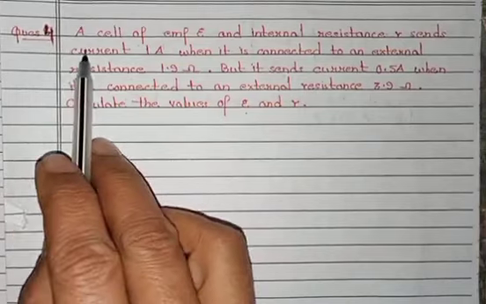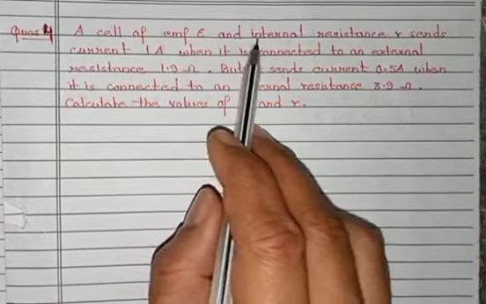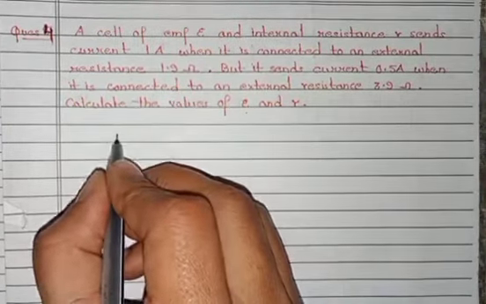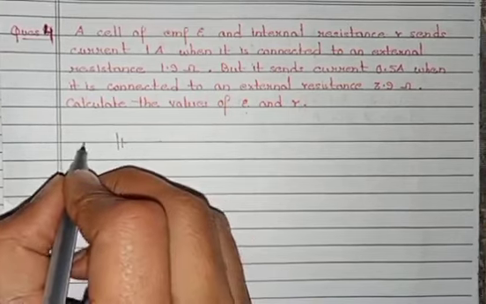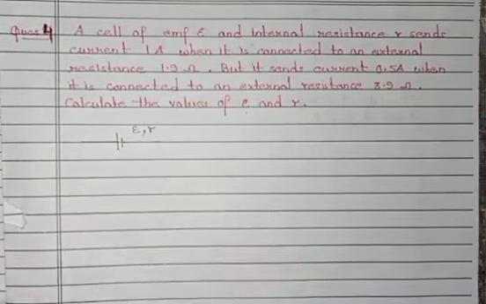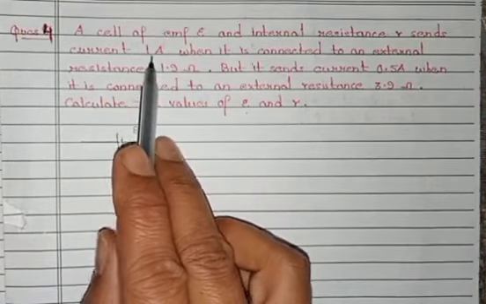Now in question number 4, you say a cell of EMF and internal resistance. So we have been given a cell whose EMF is unknown and its internal resistance is also unknown. Now this cell is sending a current of 1 ampere.